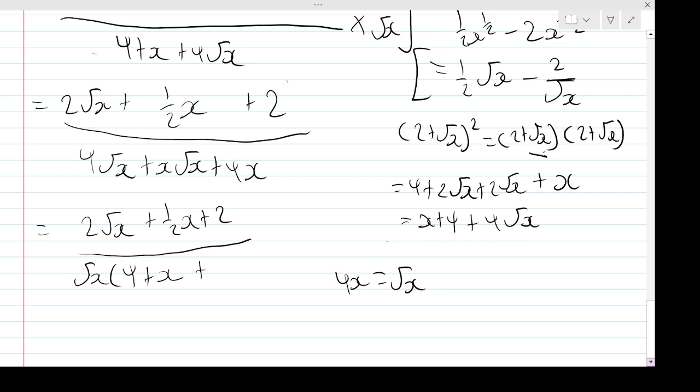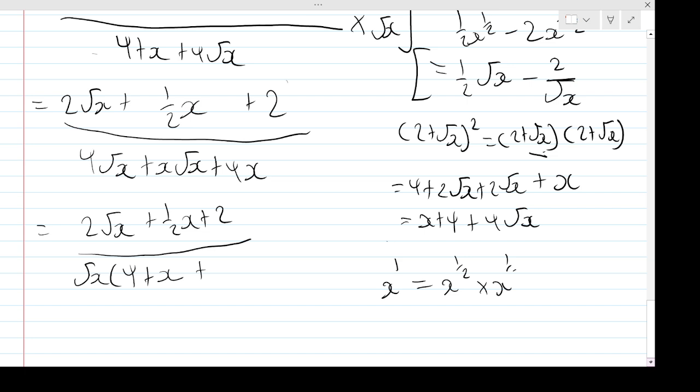Well, this is probably where the index laws are going to help visualize what's going on here, because I know that x on its own is just power of 1, right? So if I want to factor out root x, well, root x is just x to a half, right? Then I need to times by another number to get to 1.